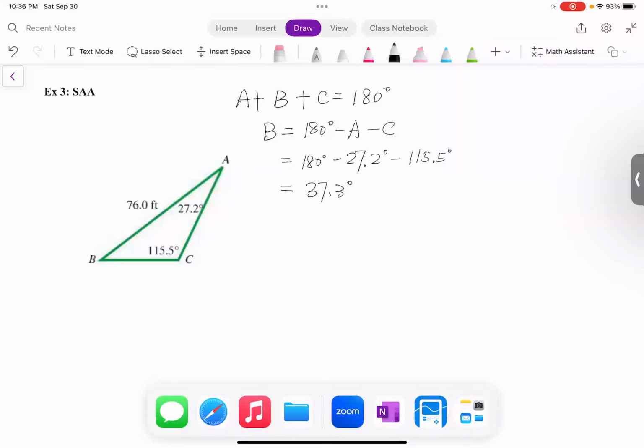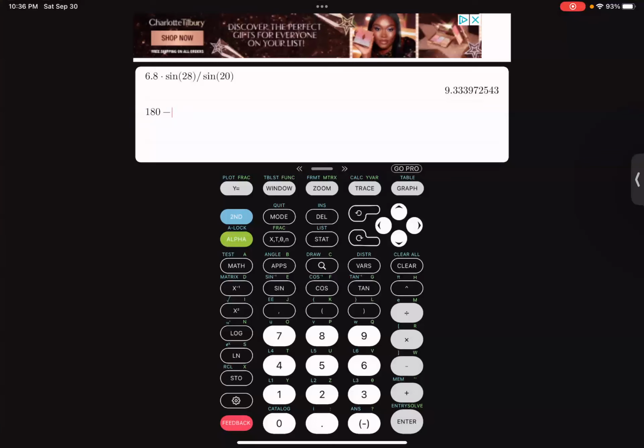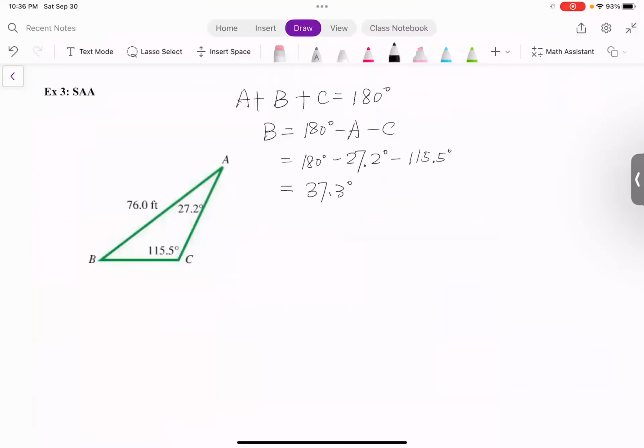So we can also check it. 180 minus 27.2 minus 115.5. So 37.3, 37.3 degrees. And next one, I need to find the missing information, the missing sides.